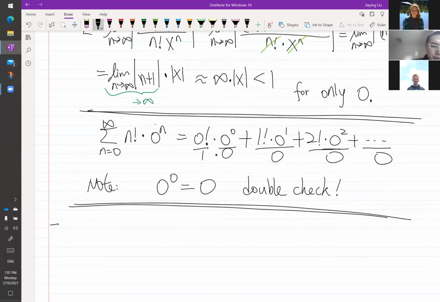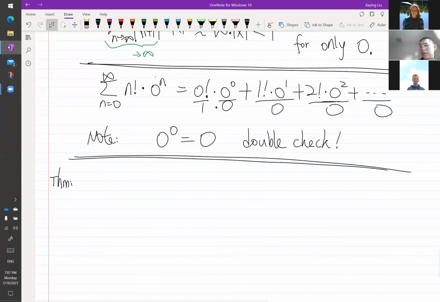All right, so here's a theorem for you. This theorem and a couple other things will be the last thing we're going to talk about today.